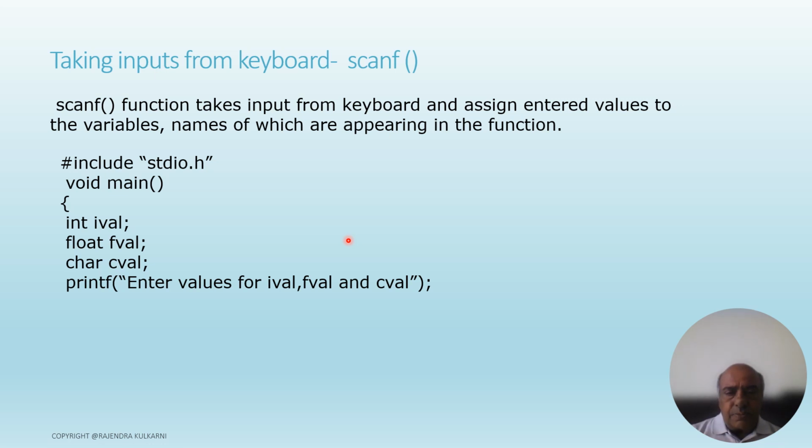Then the program is prompting us to enter the values for these three variables by the printf function, which says, within the double quotes, enter values for ival, fval, and cval.